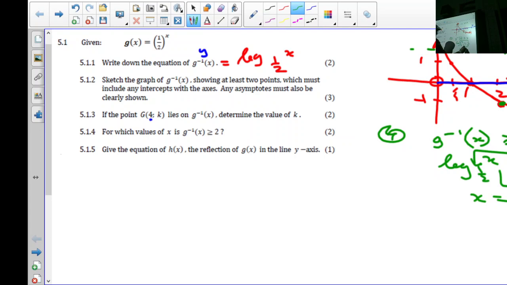So x is equal to a half, and remember the base remains the base, to the power 2, which is a quarter. So at x equals a quarter, that's the point a quarter and 2. The question is where is g of x greater than or equal to 2? So it's this part of the graph they're looking at. It's from 0 till a quarter. So x has to be greater than 0, but less than a quarter.